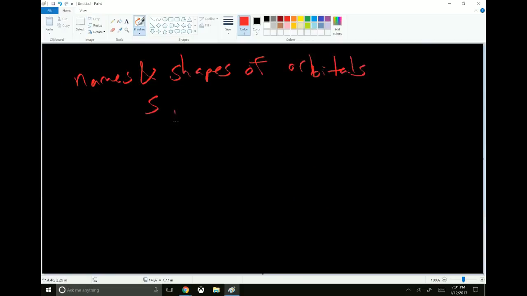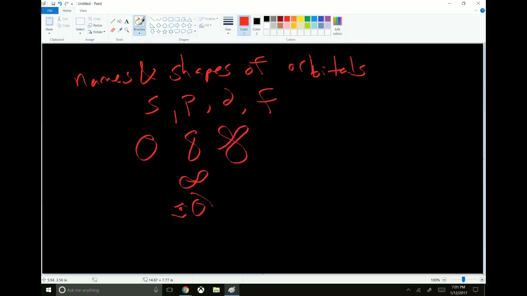Okay, so S, P, D, and F. But you should also get their shapes. So sphere, peanuts, and this is the third dimension, this is going into and out of the screen. Then you have the clover leaf.